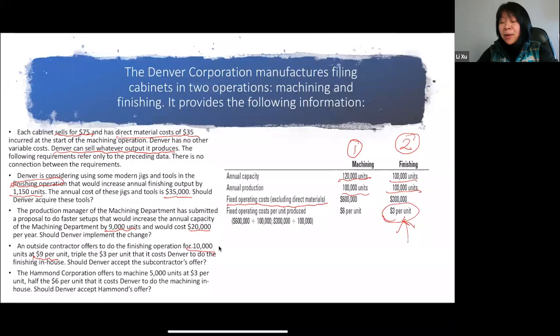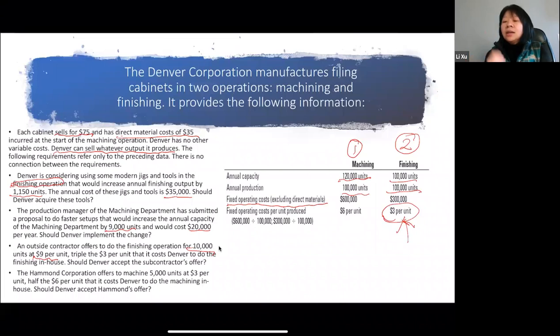So this is a bottleneck problem. For the bottleneck problem, I wanted to summarize what we just talked about. There are a couple of things. First, when you make decisions about actions, you should always think about the entire company, not only one department. So if you have multiple departments, when you consider any action, think about the entire company; the contribution margin should all be based on the entire company.